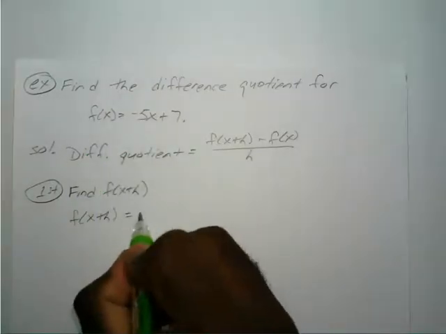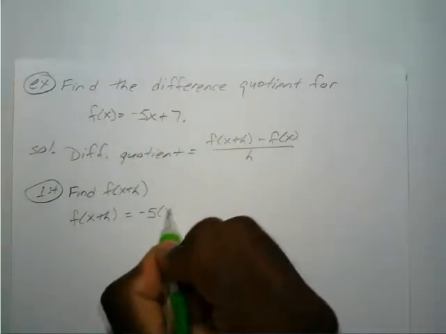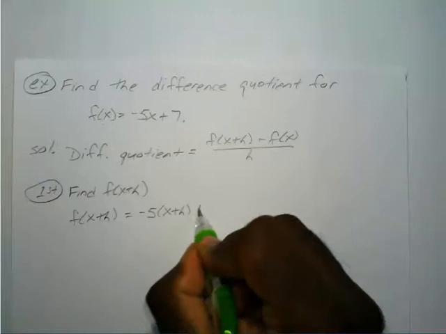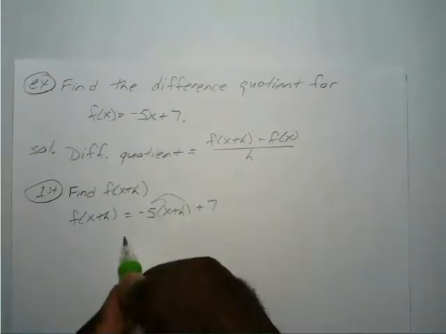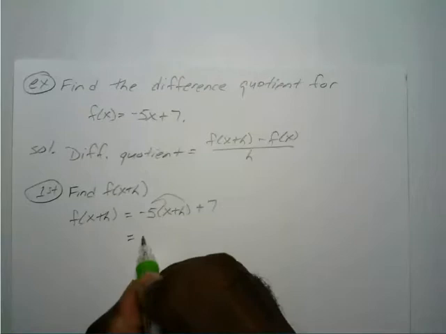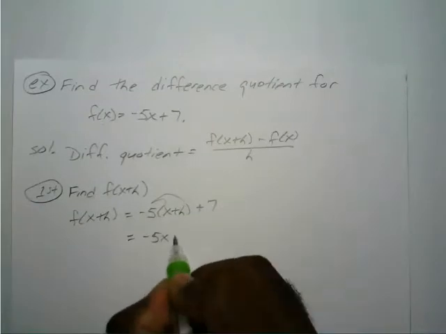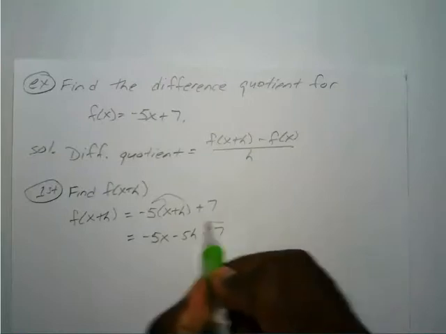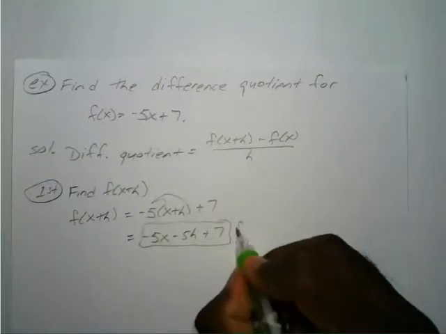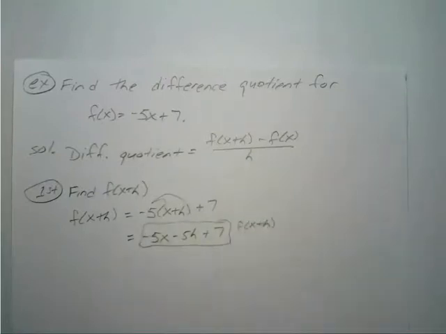So that's going to equal negative 5 times x plus h, plus 7. If we distribute that negative 5, our f of x plus h is negative 5x minus 5h plus 7. So this is our f of x plus h.